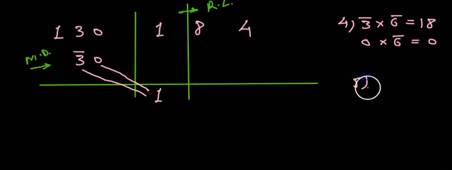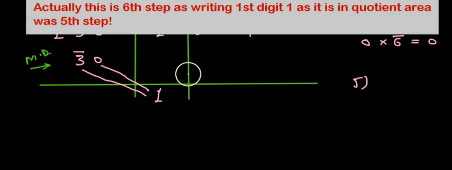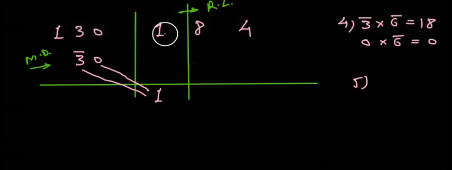Step number 5. See, this is not step number 1. This is step number 5 because this is an extended part of the previous division. In the previous division, we got a remainder greater than divisor 130, so we need to divide it once again. So this is step number 5.